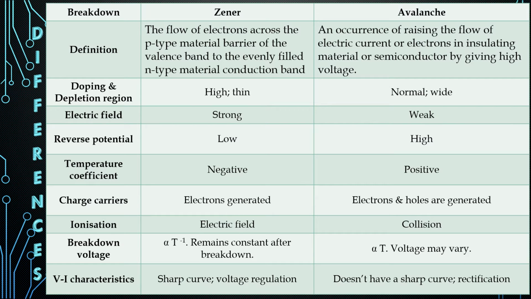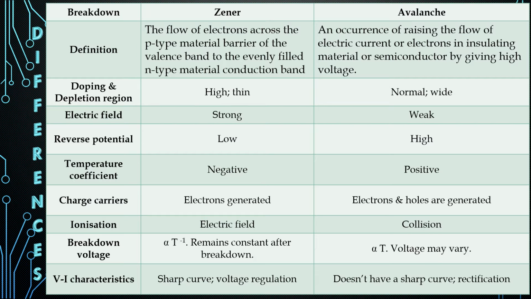The next difference is based on doping and the depletion region. In Zener breakdown, we have high doping and a thin depletion layer, whereas in the avalanche breakdown, we have normal doping and thereby the depletion region width is really wide.